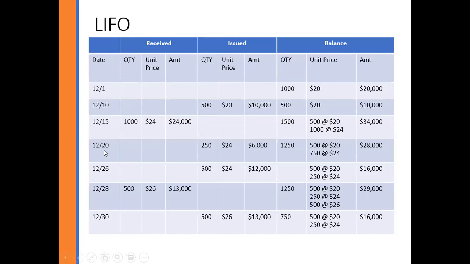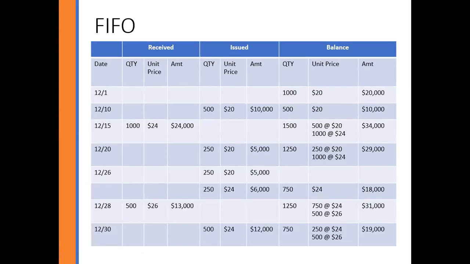Now on December 20th, we issue 250 units to production. Oh, you know what? It just skipped to LIFO. It wasn't supposed to do that yet. I'm supposed to be back here on FIFO. Okay. December 20th, we issued 250 units. Those 250 units are going to come from the older goods, from the 500 left from the beginning inventory.